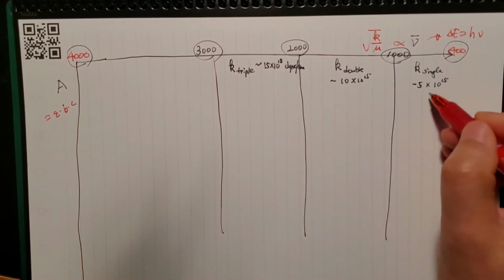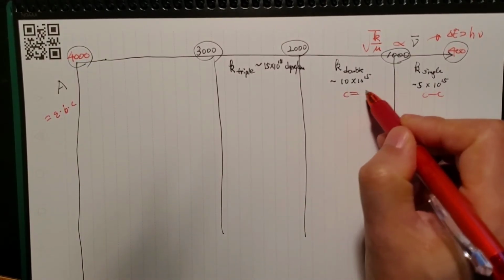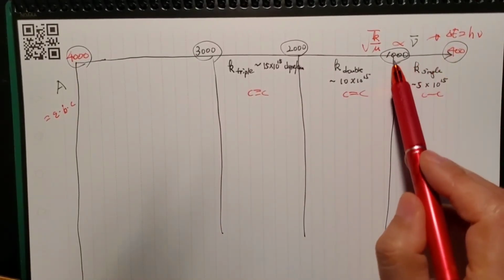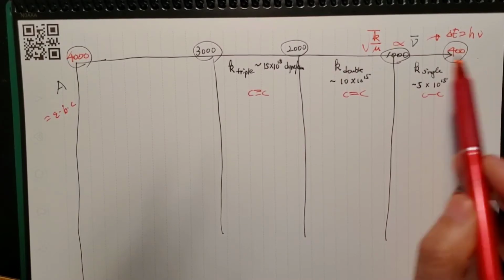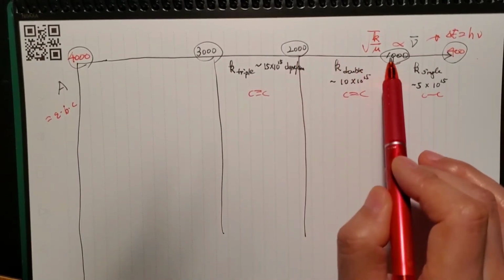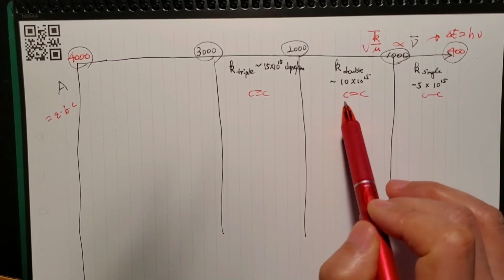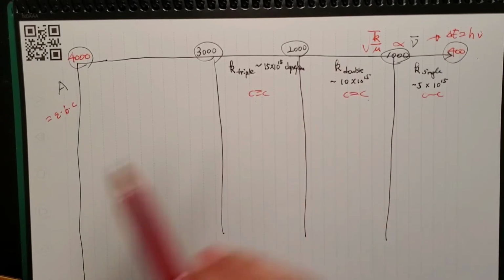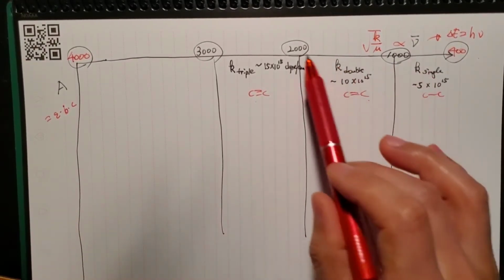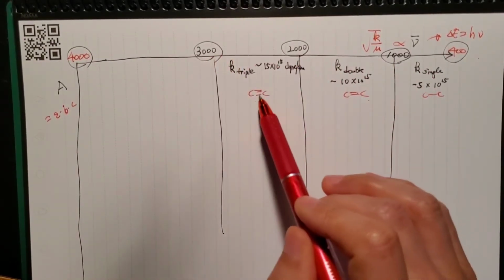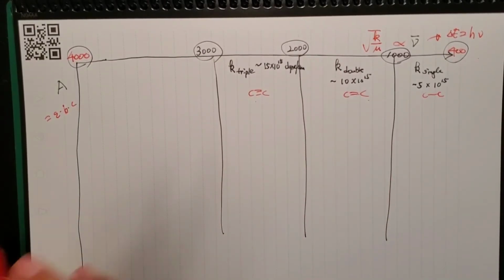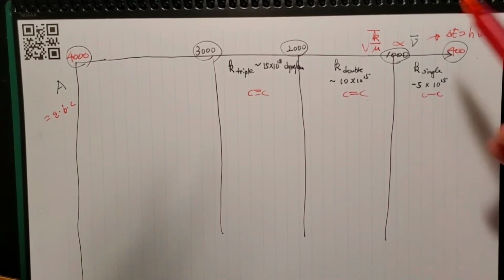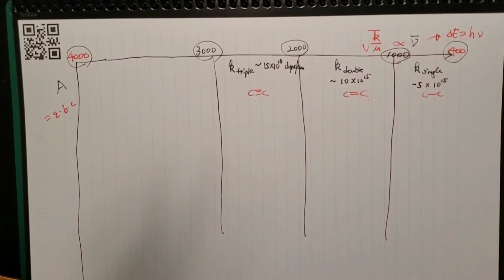So simply speaking, you can say single is 1000 and below, double is 2000 to 1000, and triple is 3000 to 2000. So 1000 single, 2000 double, 3000 for triple. If you see a signal around here, around there, you know what type of bond you have according to the K value.